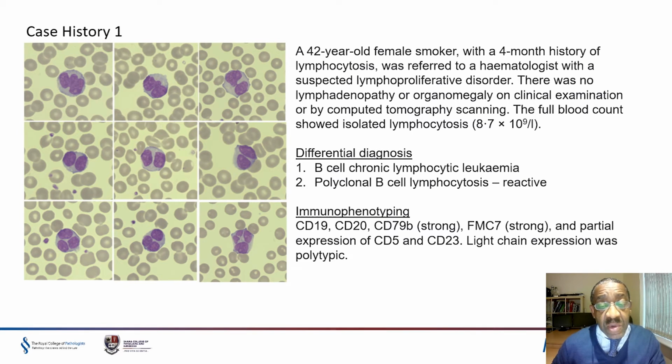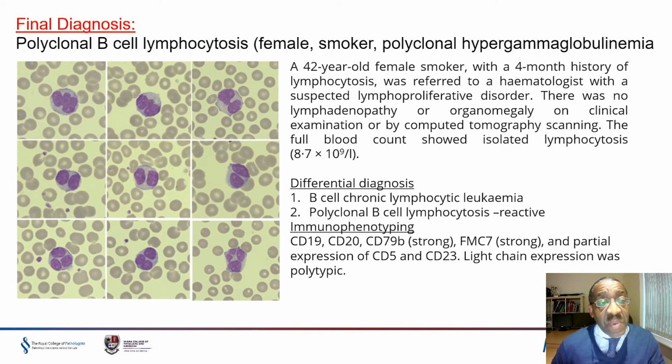So immunophenotyping has picked up a population of cells which are specifically marked by these CD markers, but importantly, there's no light chain expression, and therefore the diagnosis here is one of a polyclonal B-cell lymphocytosis, which is unique to middle-aged women who smoke and associated with a polyclonal hypergammaglobulinemia.